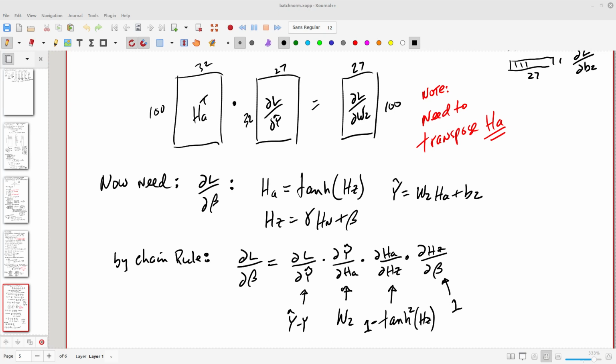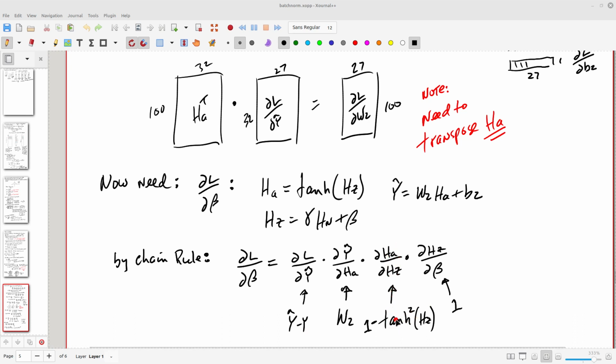I hope I didn't mess it up too much, but anyway, we're working now with the loss with respect to beta. In order to do that, we need the loss with respect to Y prime, the loss with respect to HA, which is W2. We need dHA dHZ, the derivative of tanh, which is 1 minus tanh squared.